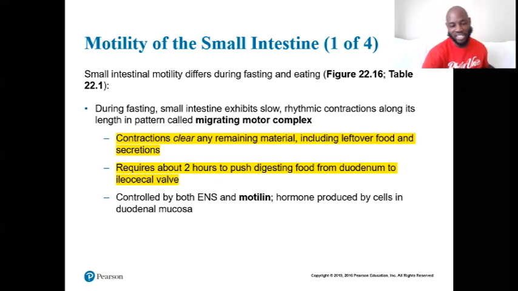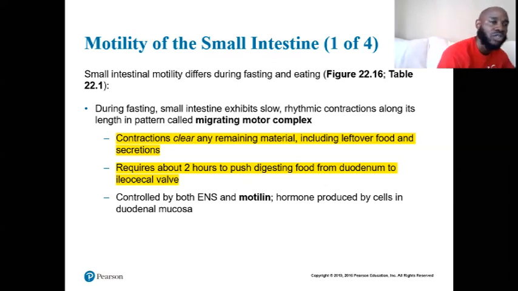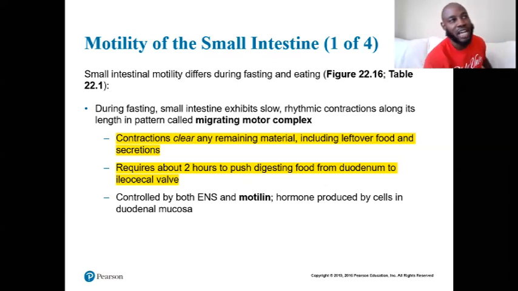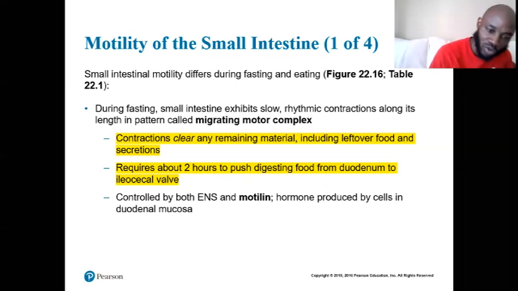You've probably heard that when you eat something, you should wait about 2 hours before you exercise or jump in the pool and go swimming, because in rest and digest, the parasympathetic nervous system is at play and you are digesting food. It takes time for that food to go through your body system before it digests and gets absorbed.